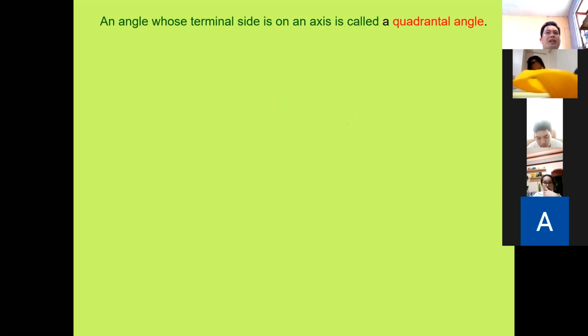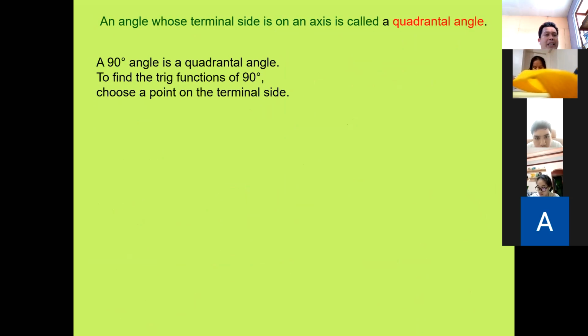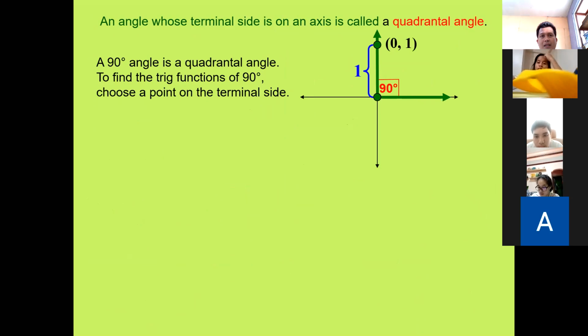Quadrantal angles are angles with the sides located on the x and y axis. The terminal side of a quadrantal angle is on the axes. An example of a quadrantal angle is 90 degrees. If you find the sine of the quadrantal angle 90 degrees, there are values that are undefined.